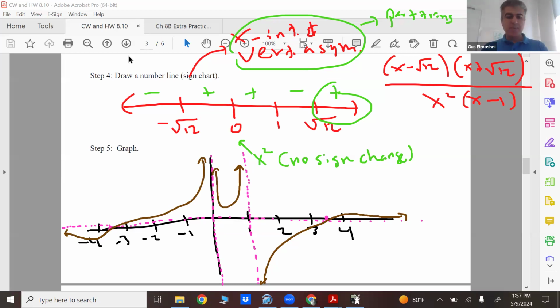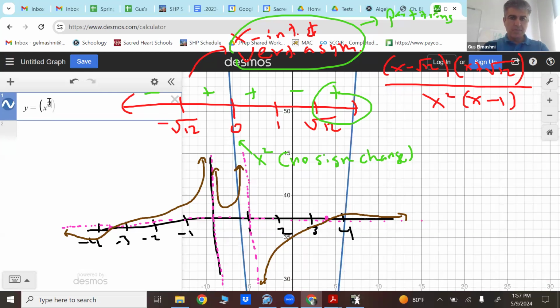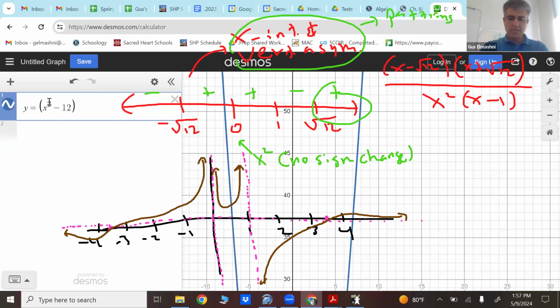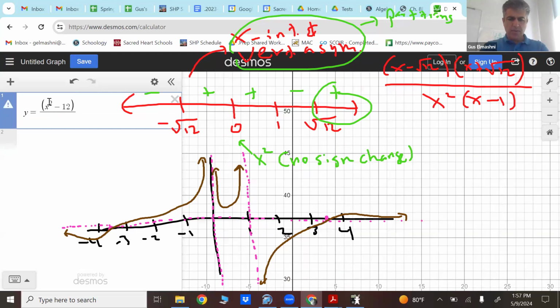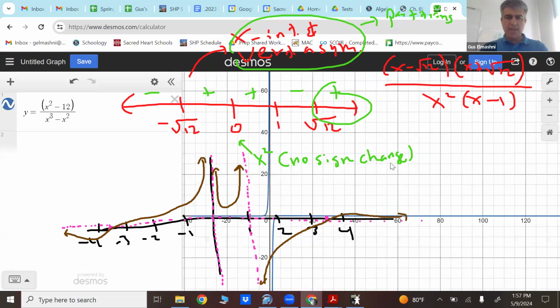Just to make sure I got this, I'm going to plug it into Desmos really fast and we'll be done for today. y equals parentheses. These are right, remember. Sure, yeah, totally. Yeah, you can see how it's kind of hard to tell.